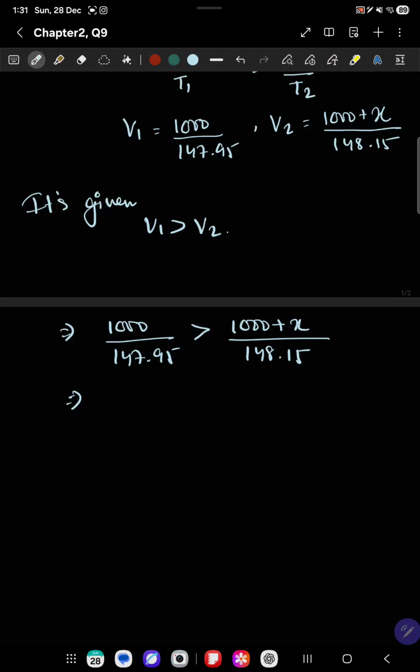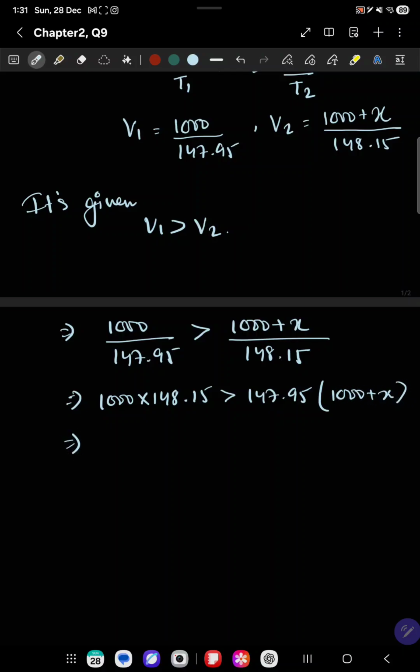and we can solve. Since all the numbers are positive, there is nothing negative in all of this, so we can directly cross multiply this relation. This will give us a value of 1000 into 148.15 should be greater than 147.95 into 1000 plus x.